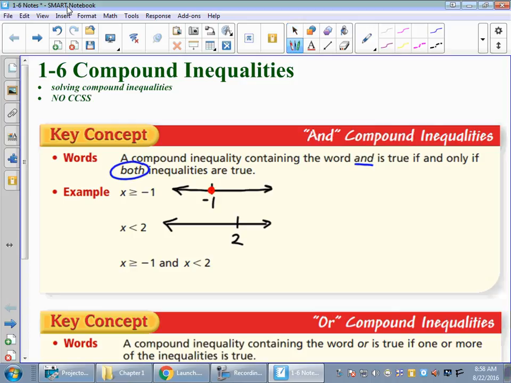So that would include -1 and all the values to the right of -1. And the second inequality, x less than 2, is talking about all the values lower than 2, not including 2. So that would be all of these numbers here in the blue.